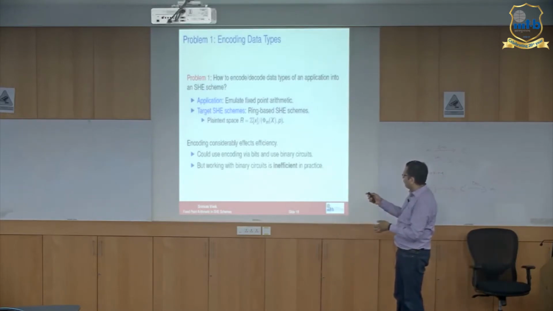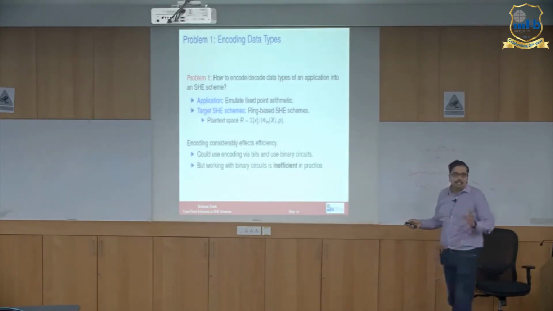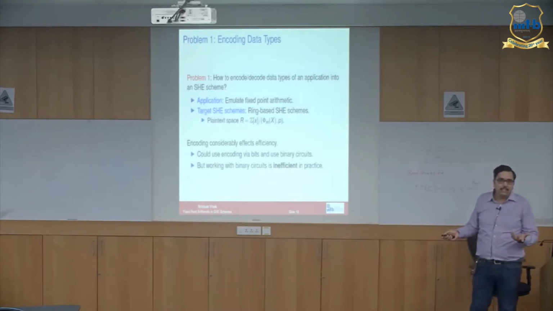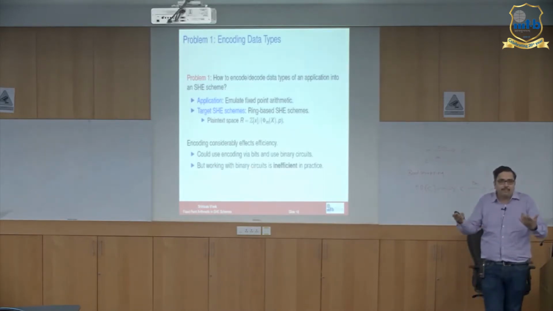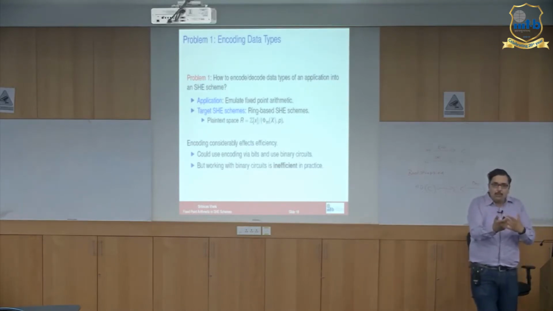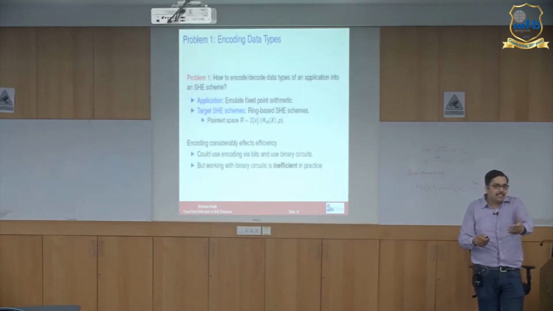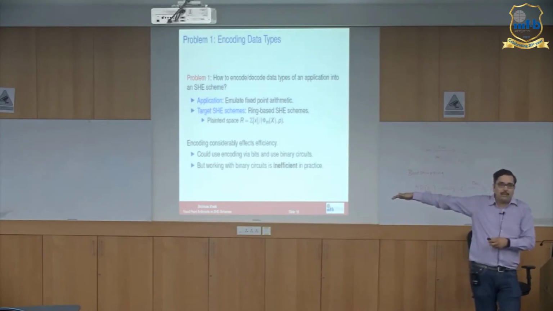So this C of m is a polynomial of some degree. Say, for example, it could be of the form x power n plus 1. When you add 2 polynomials, the degree is not going to increase. But when you multiply 2 polynomials, of course, the degree is going to increase. The moment the degree becomes equal to or exceeds x power n, then you need to divide with that polynomial. Okay.